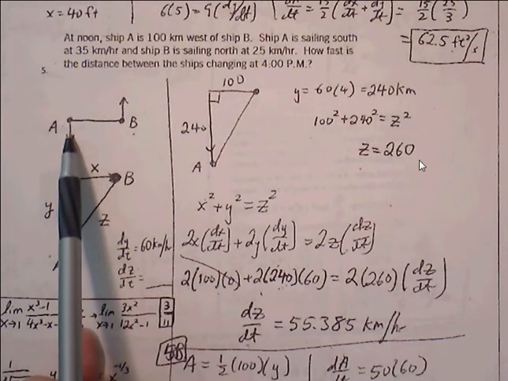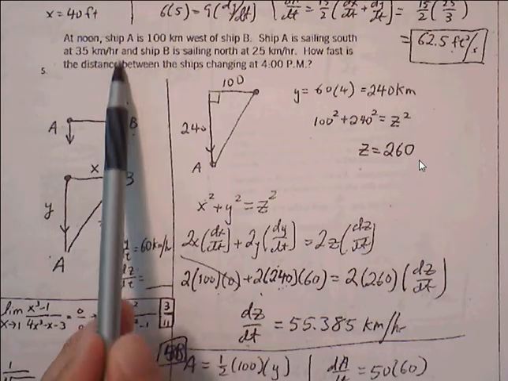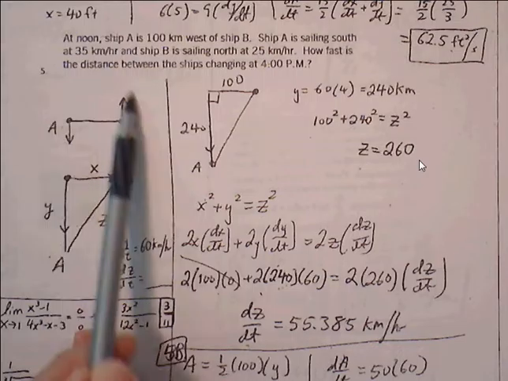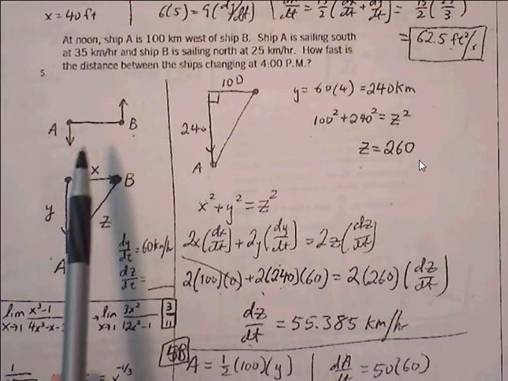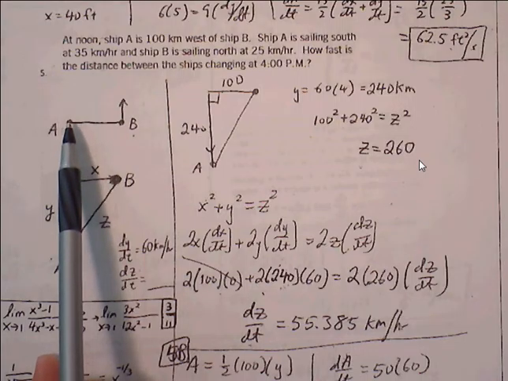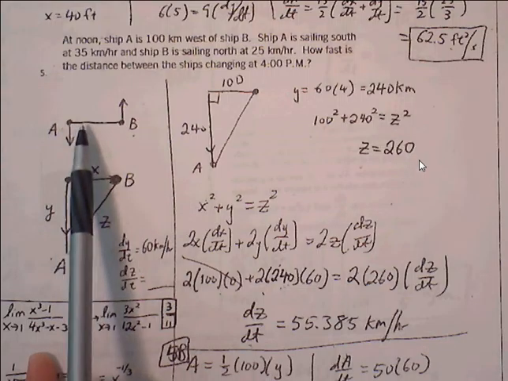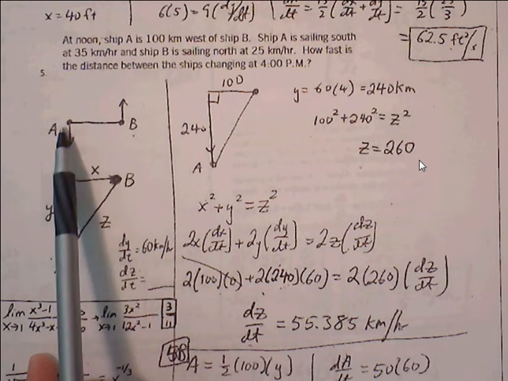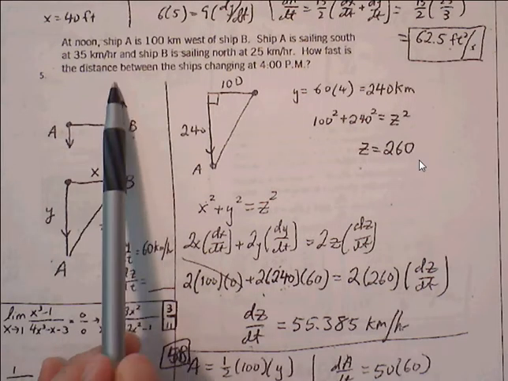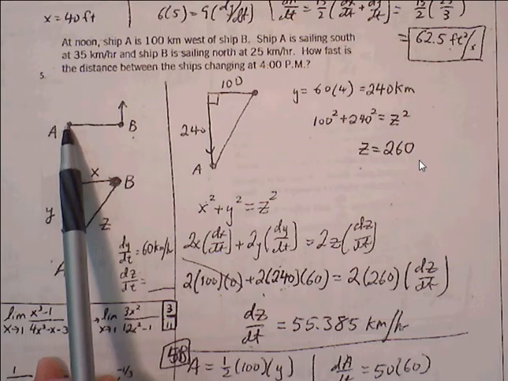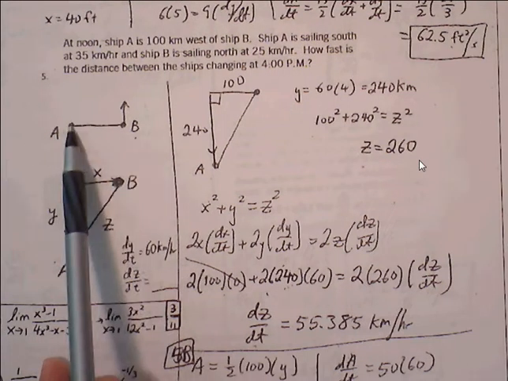Now, as A is traveling south and ship B is traveling north, it's not a nice shape for us to work with. So we're going to adjust the problem where we will treat one ship as static, not moving, and then we just combine the net change in distance between A and B. So if A is traveling south and B is traveling north, then that's the same thing as A standing still and B traveling the sum of the two distances.